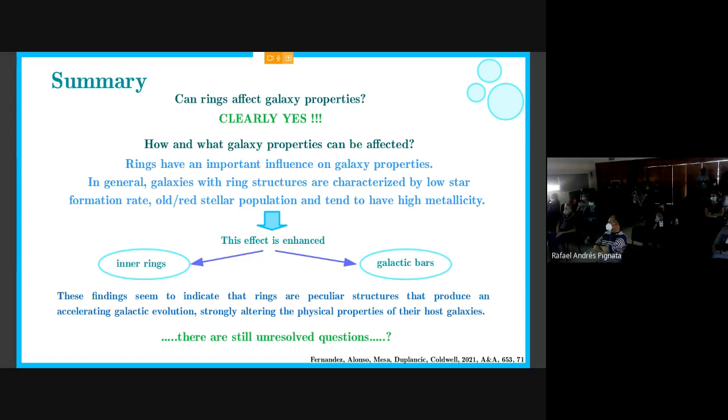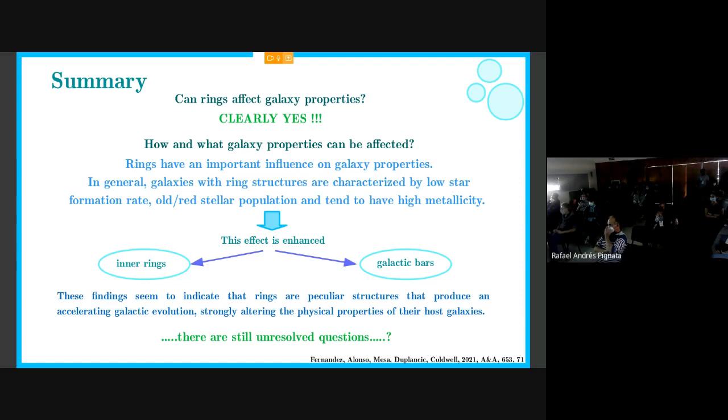All these findings seem to indicate that rings are peculiar structures, found in a low percentage of spiral galaxies, that produce an accelerated galactic evolution, strongly altering physical properties of the host galaxy.